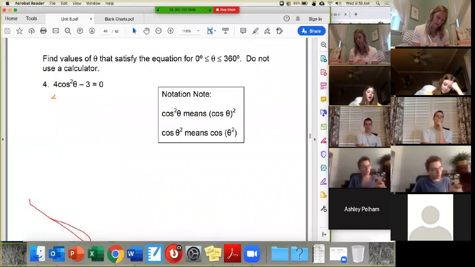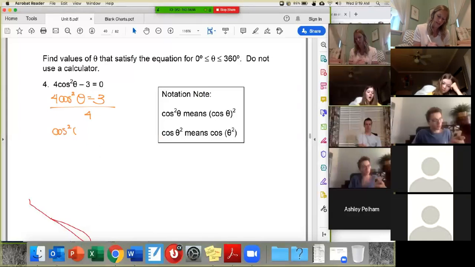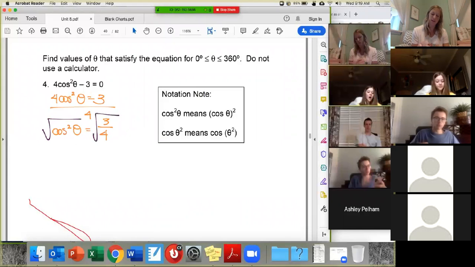First, I'm going to start solving for cosine like I would normally. Divide by 4. Now we also have a cosine squared. How do I get rid of a squared on a cosine? Square root. And being careful that when we square root both sides, what do we not forget to put out front? Plus and minus.